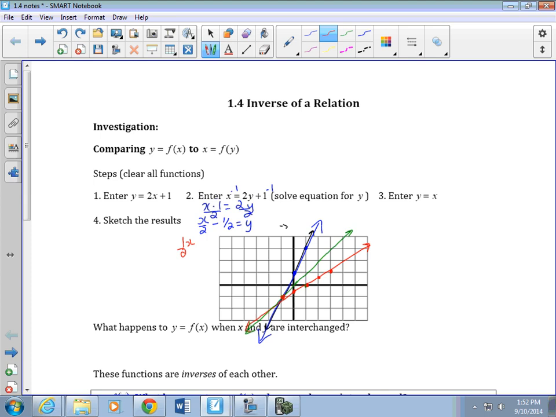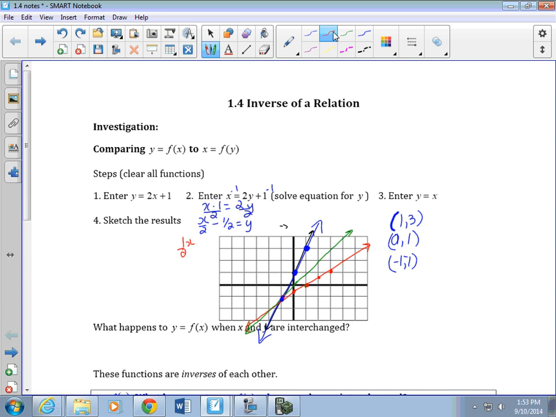On the original graph, those points were at (1, 3), (0, 1), and then the third point here was at (-1, -1).